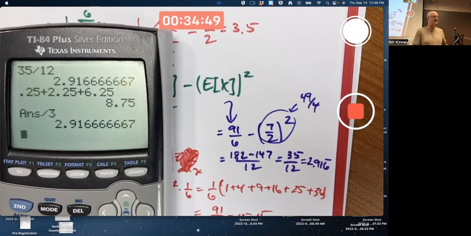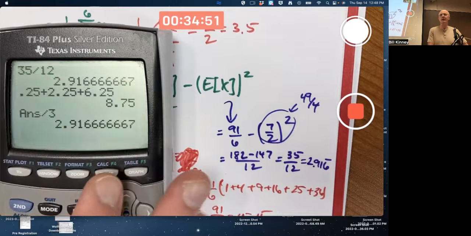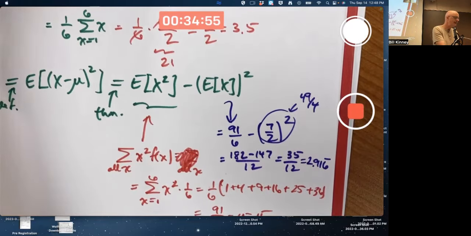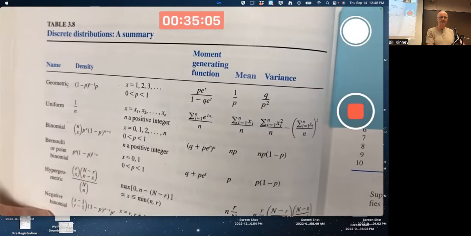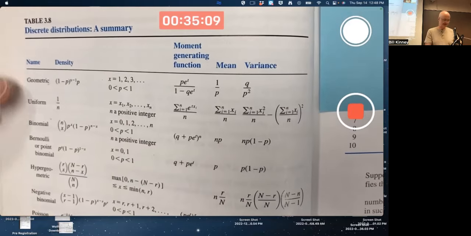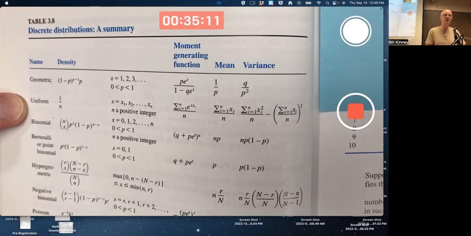You can generalize this to an arbitrary uniform distribution. There's a handy-dandy table in chapter 3 that I'm going to let you use. I'll give you a printout of it on exams. It's on page 78. Second option, named uniform.